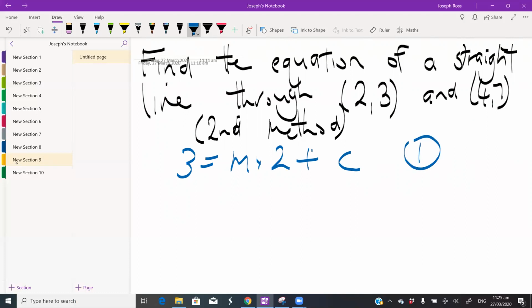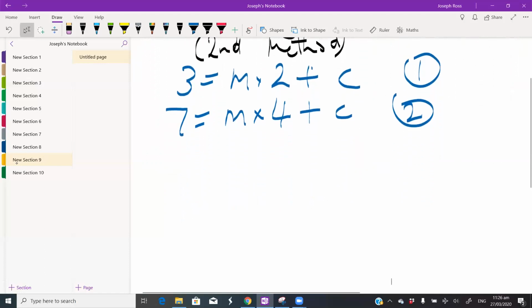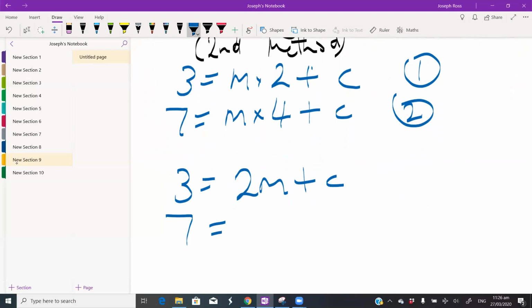And if we substitute the other point, 4, 7, so x is 4, y is 7, we get 7 equals m times 4 plus c, and that's equation 2. Okay, so we have a simultaneous equations problem. Let's just rewrite what we've got a little bit neater. Let's drop the times symbols. So our two equations are 3 equals 2m plus c, and 7 equals 4m plus c.